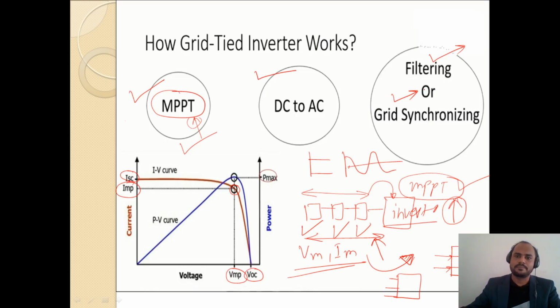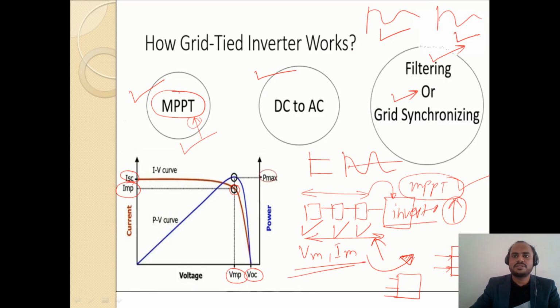Whatever the reference frequency, reference phase and voltage we are getting from the grid, according to that the algorithm which has been set inside this inverter works over here. It senses at which phase the electricity is coming, which frequency the electricity is coming, and according to that it will try to match the phase of the grid to the solar inverter.